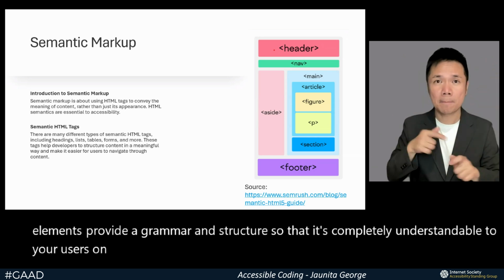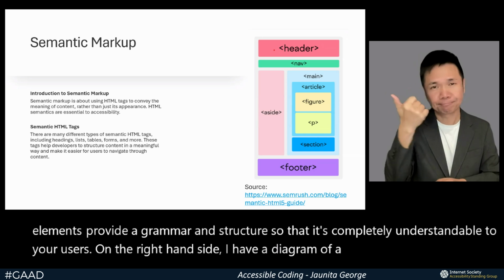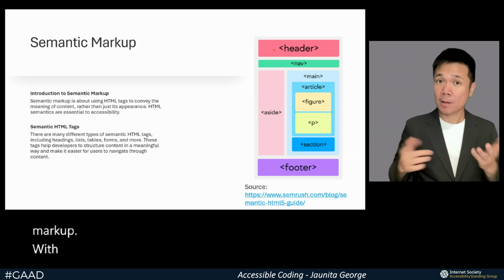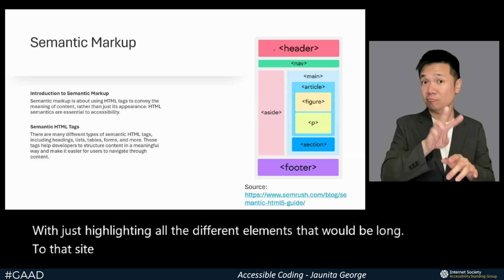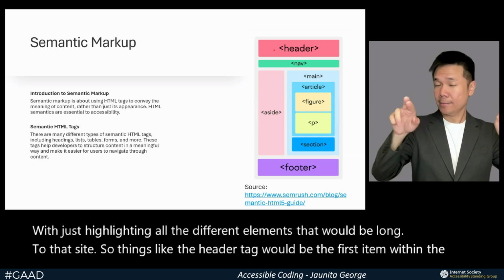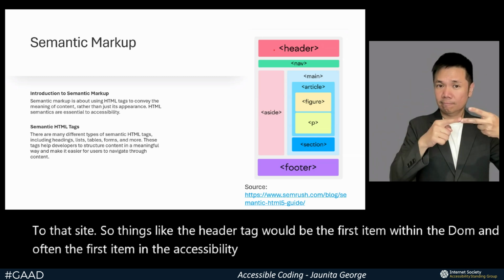On the right-hand side, I have a diagram of a site with its appropriate markup, just highlighting all the different elements that would belong to that site. So things like the header tag would be the first item within the DOM and often the first item in the accessibility tree. You have a navigation.